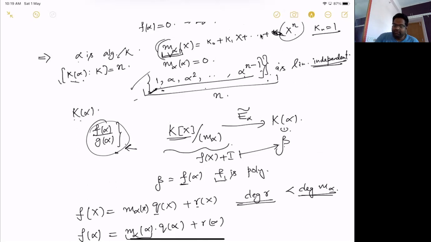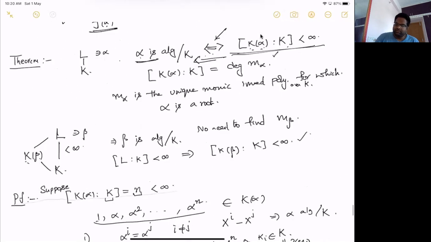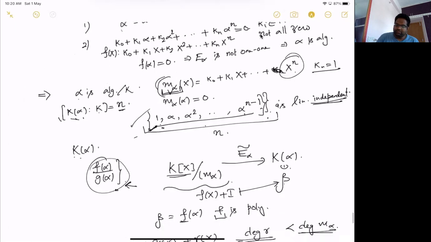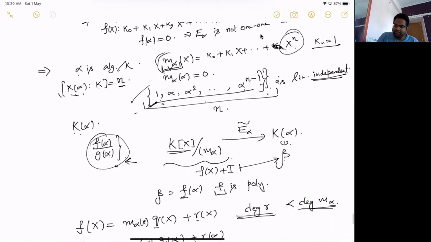Therefore, k of alpha considered as a vector space over k has dimension n. That is what we need to show here. And during this process, we have also exhibited the fact that n is nothing but the degree of the minimal polynomial.